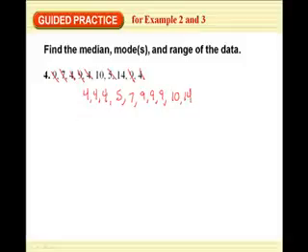There are 1, 2, 3, 4, 5, 6, 7, 8, 9, 10 numbers, so it's between the 5th and 6th. So the median is 8. The mode is tied. The 4 and 9 both have 3. And the range is 14 minus 4, which is 10.